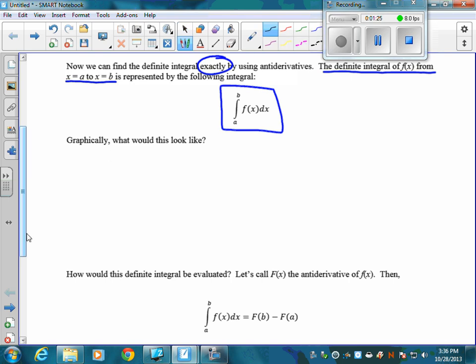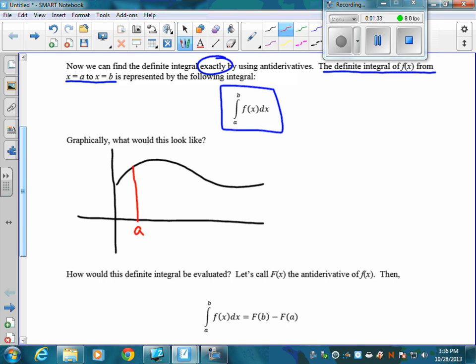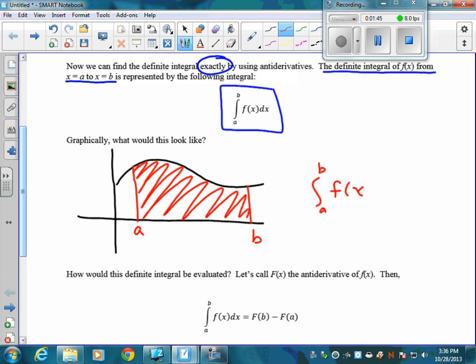If I had some curve drawn, and a was an x value where I started, b was an x value where I ended, then it would be this area right here. So the integral from a to b of f of x dx is going to be the area represented here. So it will be a number.